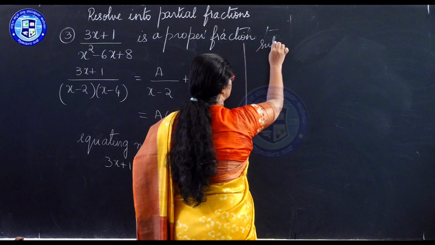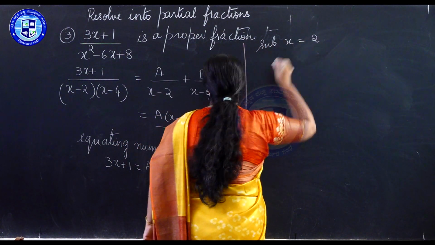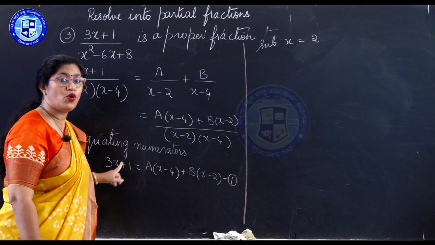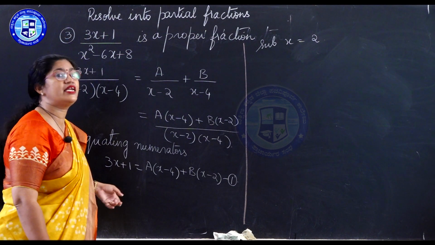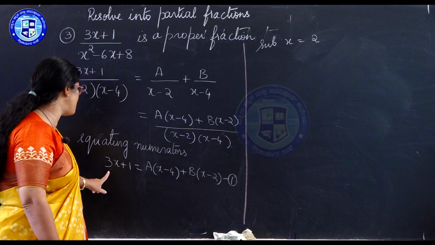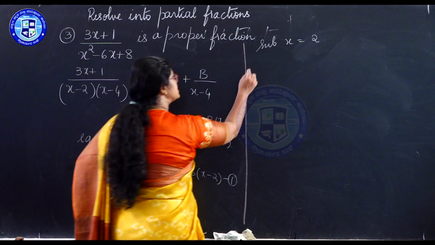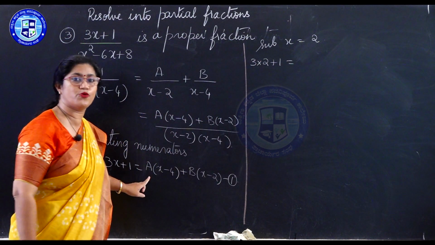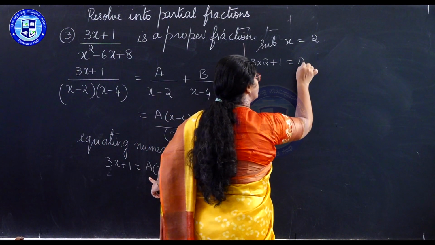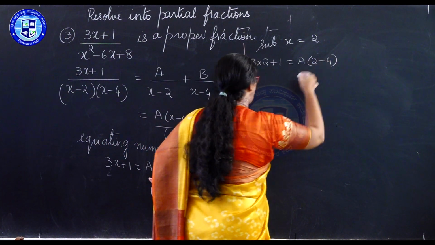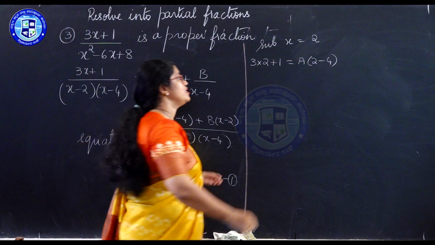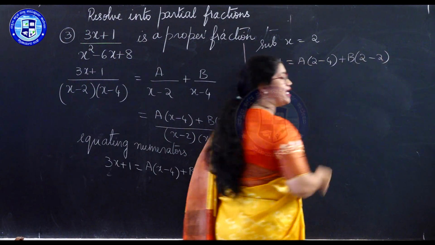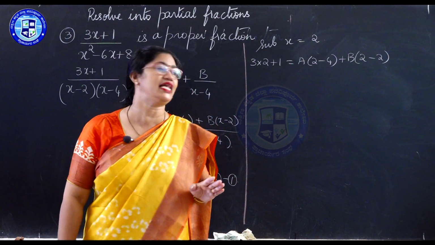When I substitute x is equal to 2, what do I get? In equation 1, wherever there is x, replace all the x by 2. So it is 3 into 2 plus 1 is equal to a into 2 minus 4 plus, you know that this is becoming 0 and b is going to be eliminated.